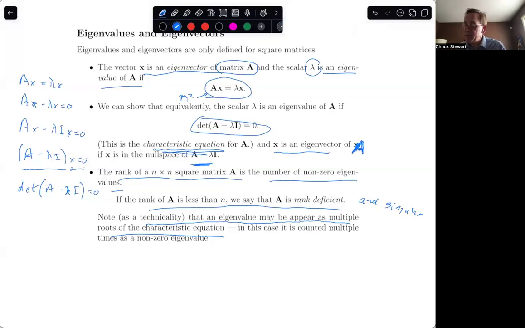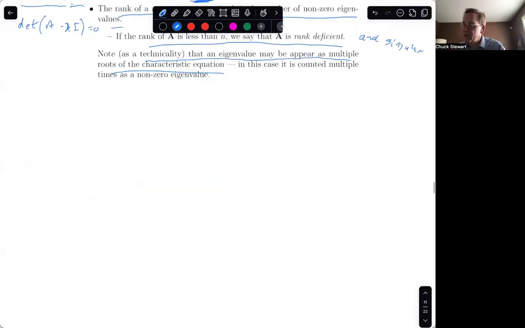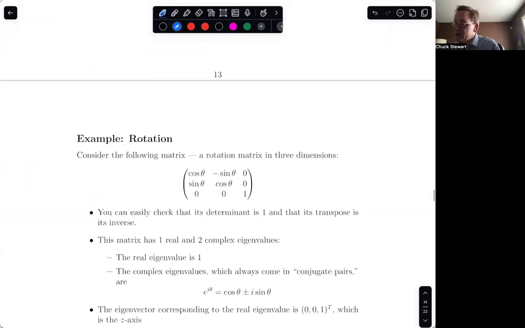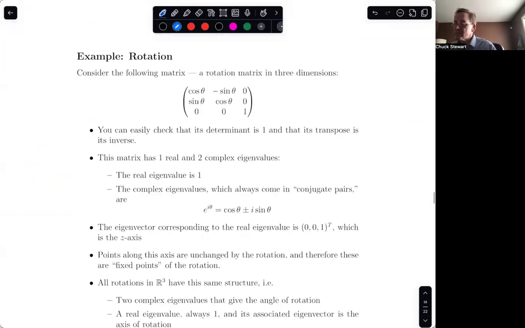Let's take a look at an example, which is a rotation matrix in 3 dimensions. And in fact, you can easily check that its determinant is 1, and its transpose is its inverse, which means it is orthogonal.